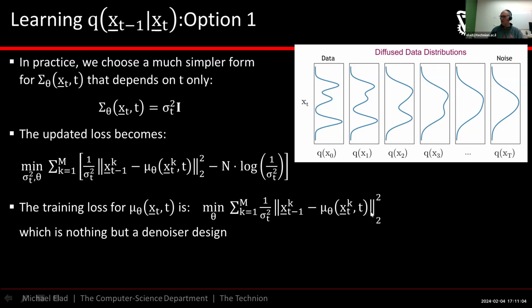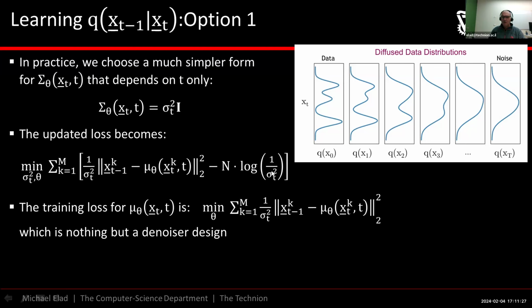So, a denoiser, as expected. Now, if the denoiser is known to us, what is sigma t? Take the expression above here. Now optimize, thinking about 1 over sigma t squared as my unknown, let's call it z. So it's z times this expression plus minus n times log of z.